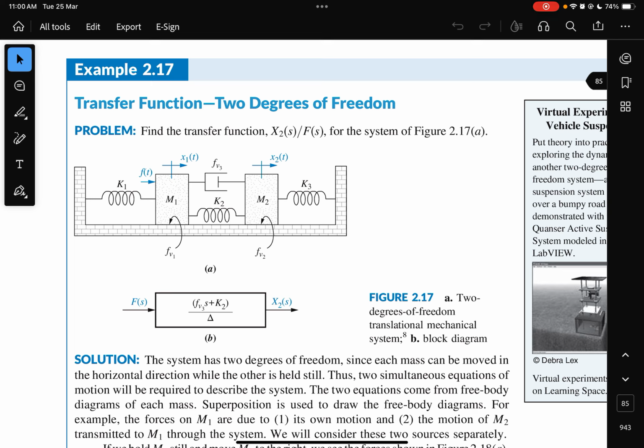And we also need to hold m1, move m2, and consider that movement. So you do that to get both equations of motion.